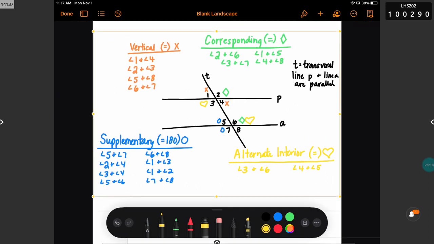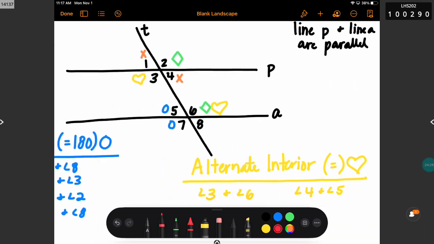All right, and then the last one are going to be alternate exteriors. They are also equal in measure. I'll represent those by a rectangle. So I'm going to go with 2 and 7.